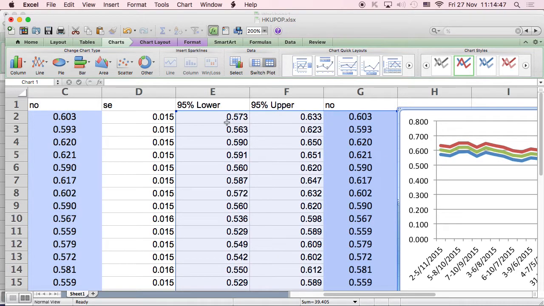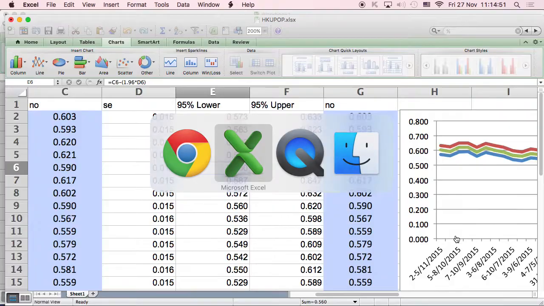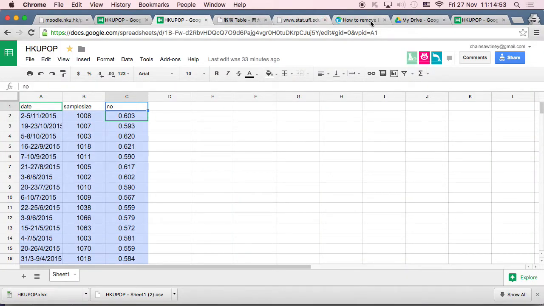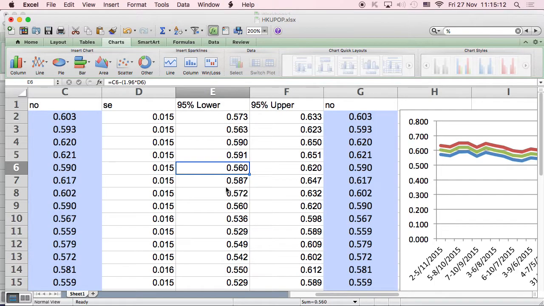So the next one, where's the question? Okay, here. Comment on when did the approval rating of CY Learn change significantly recently, and what happened during that week.